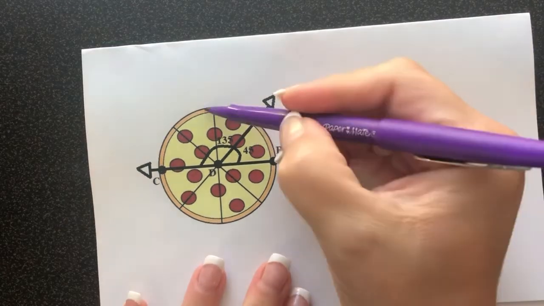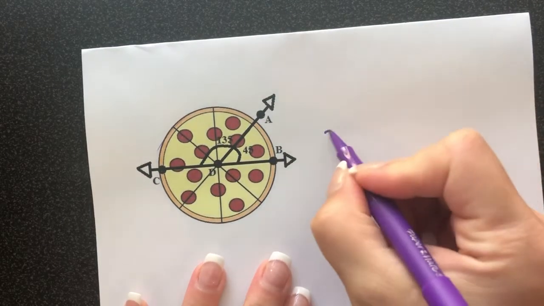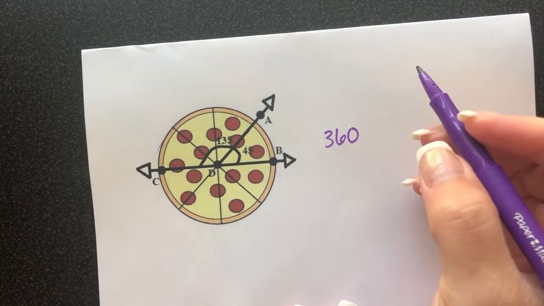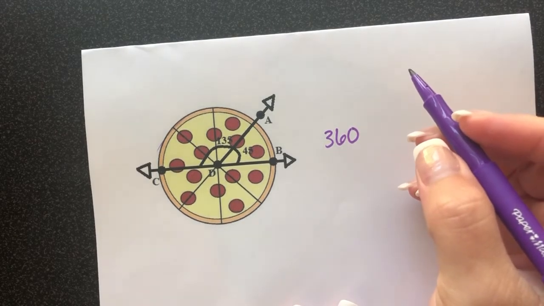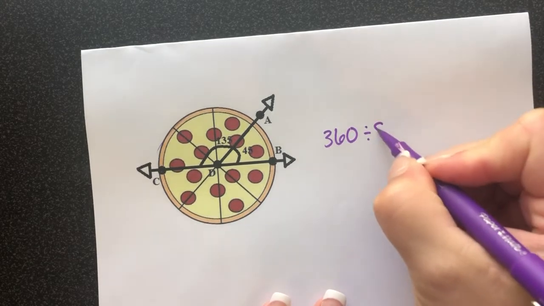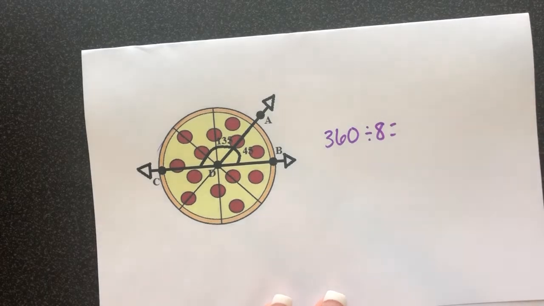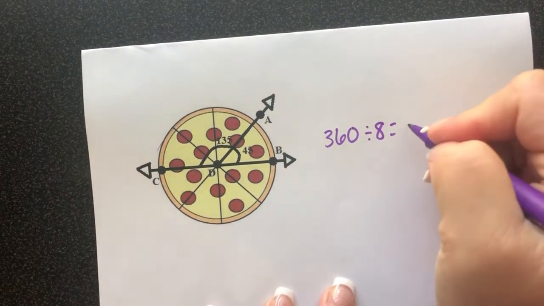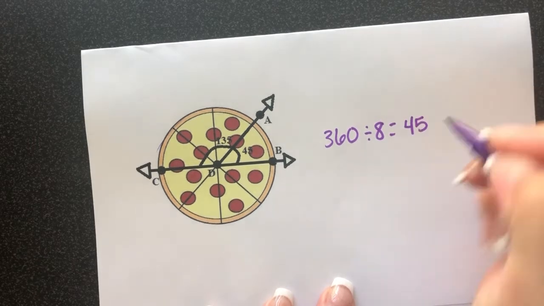Again, a circle is made up of 360 degrees. But this time, instead of cutting it into 12 parts like we did the clock, I'm going to divide it into 8 equal parts. When I do that, that equals 45.